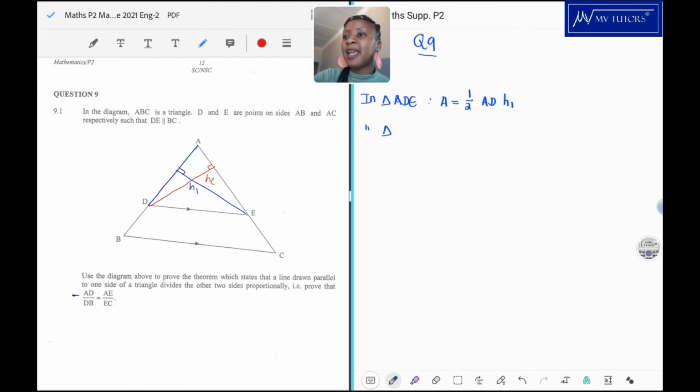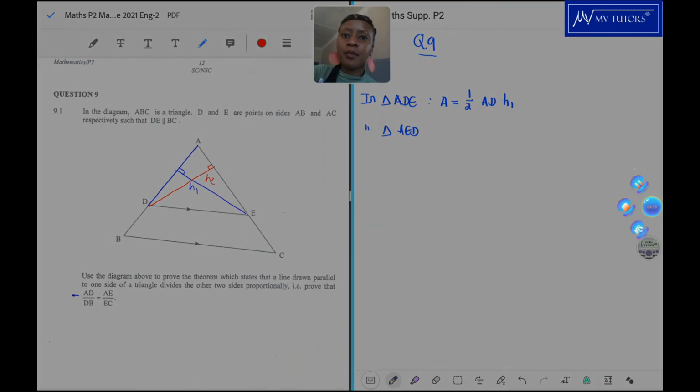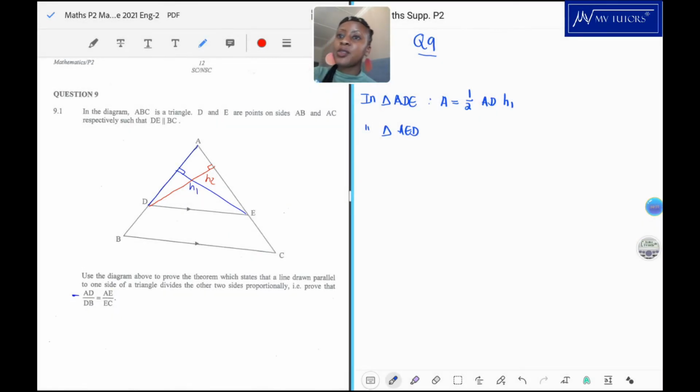triangle AED, the area for AED will be half the base AE times the height H2.